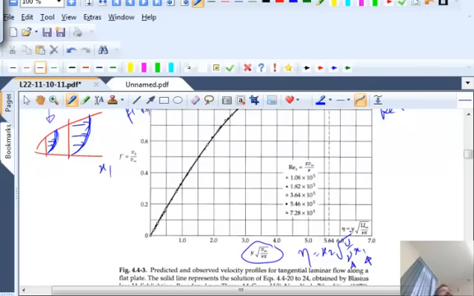Then various values of x2, that is the distance from the plate, will give you various values of eta. So put in various values of x2, find out what eta is, and then go and read that value, and that gives you what v1 is. So you can generate this graph. If you change your x1 to a different position and put in that new value, the same graph will give you the velocity profile in that new location.